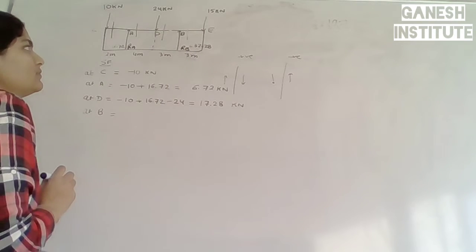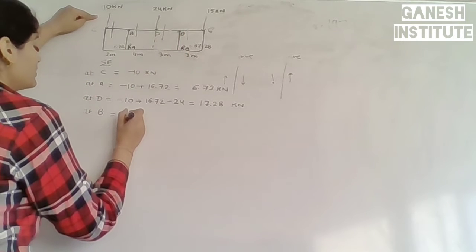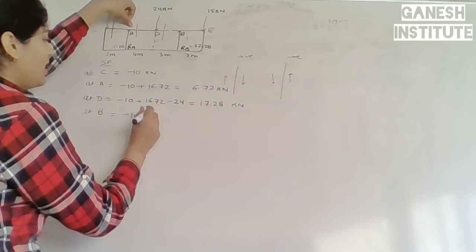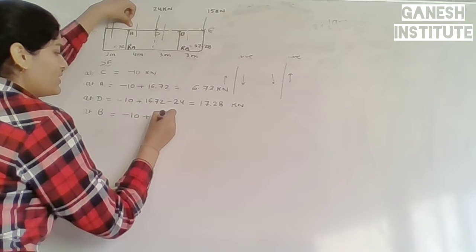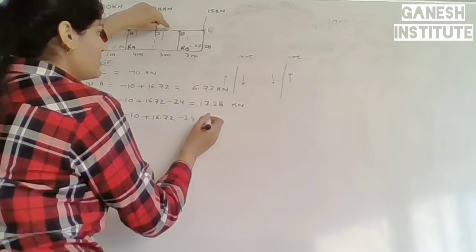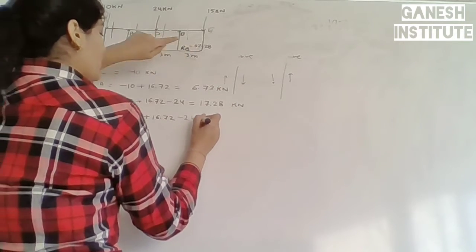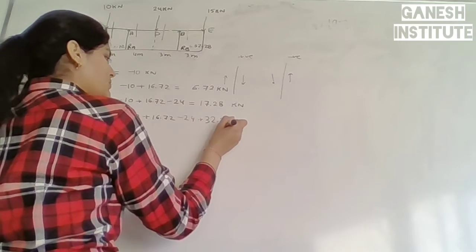Draw another line. So at point B, take all the forces. This is minus 10, plus 16.72. This is minus 24, and RB is left side upwards. RB is 32.28.